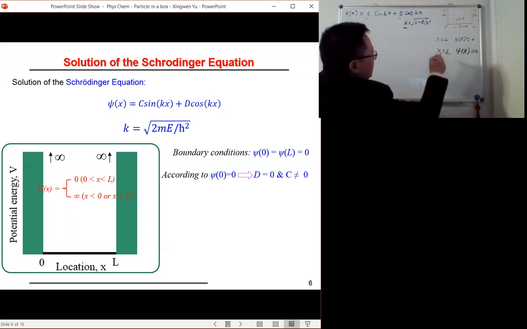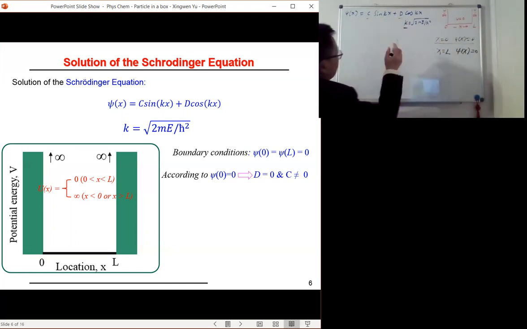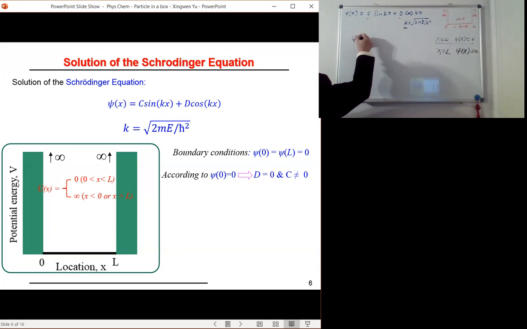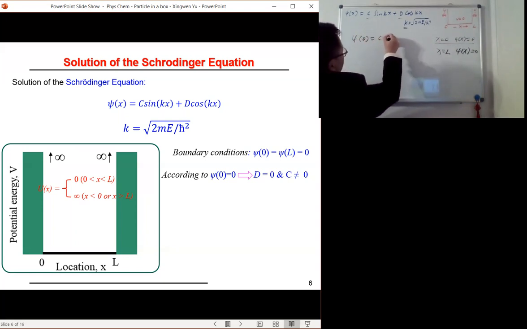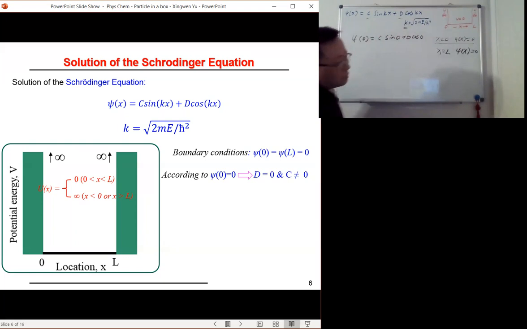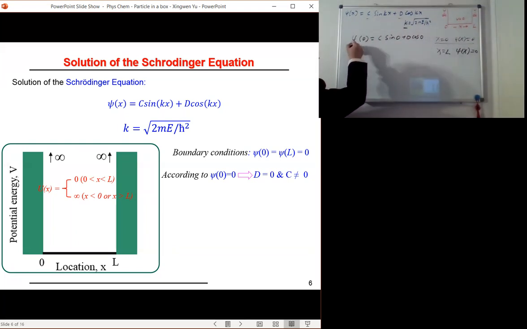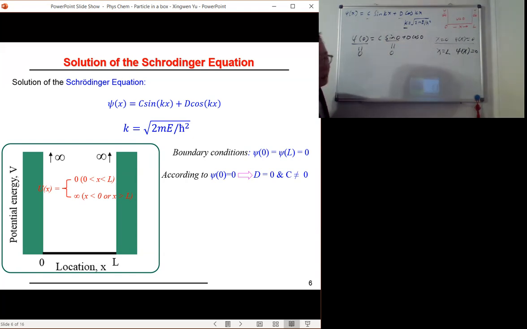So now let's apply the first boundary condition. That would be psi 0 equals C sin 0 plus D cosine 0. That's the first boundary condition. We know psi 0 is 0, and sine 0 is 0.